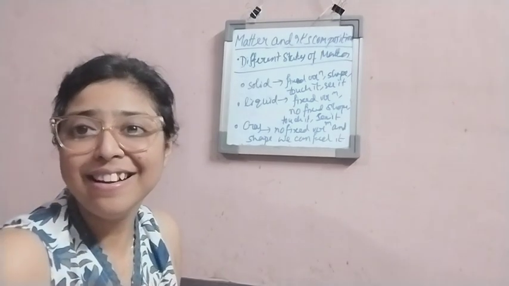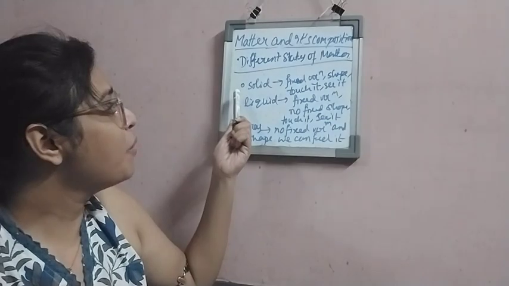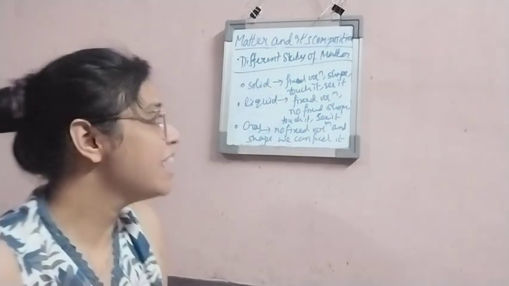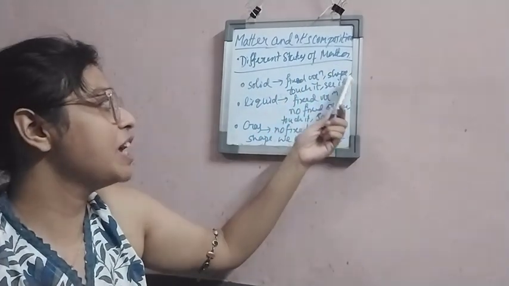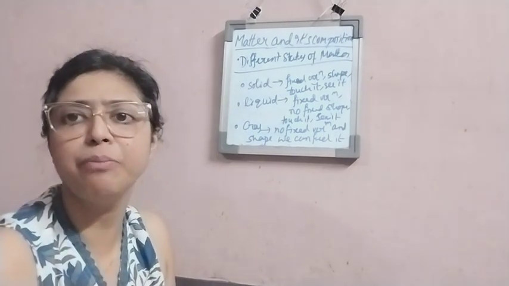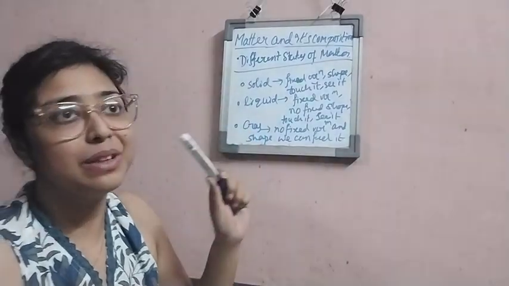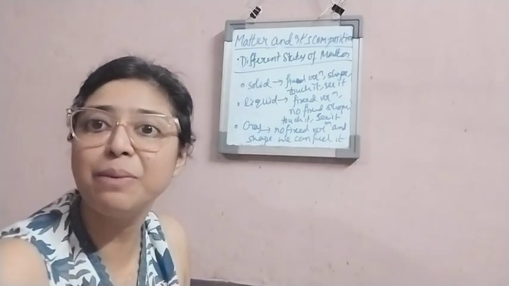So there are three different physical states of matter. Number one is solid state, number two is liquid state, and number three is gaseous state. In case of solid state, it has a fixed volume, fixed shape, and we can feel it, touch it, and also see it. For example, book, pen, phone, etc. And the most important point is all of these states have a specific mass.